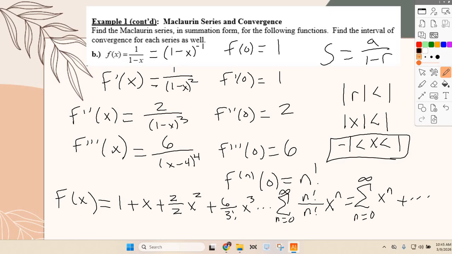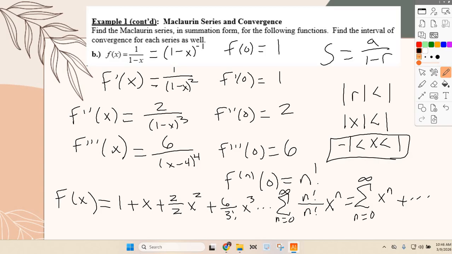So you're saying that the sum equals, because we would have been putting it into summation notation, f of x equals the sum, and so you're able to say that that is the sum of the whole thing because it is f of x? Correct. Because the sum of a geometric equals a divided by 1 minus r, right? Which is what that is.